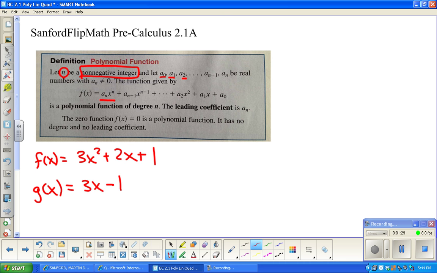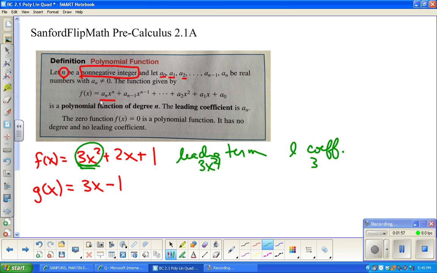The leading term is the term with the highest degree exponent. So the highest exponent out of the bunch. So for instance, the leading term for this first one is 3x squared. The leading coefficient would just be the coefficient part of that, or in other words 3.